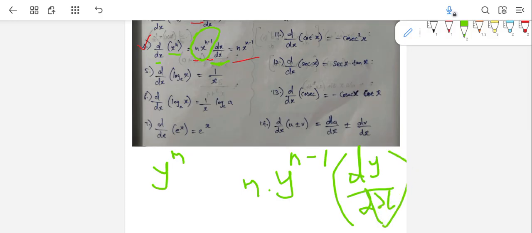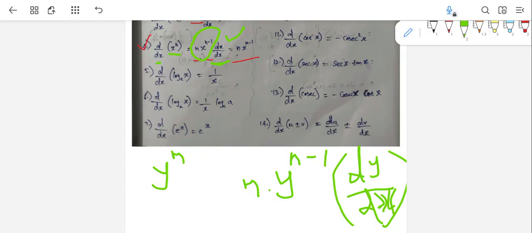Here it's not going to get cancelled, right? Here it is cancelled, dx by dx, but here it is dy by dx. So again you need to differentiate the y with respect to x based on its value of y. It depends. If y is just a number, it's going to be 0.